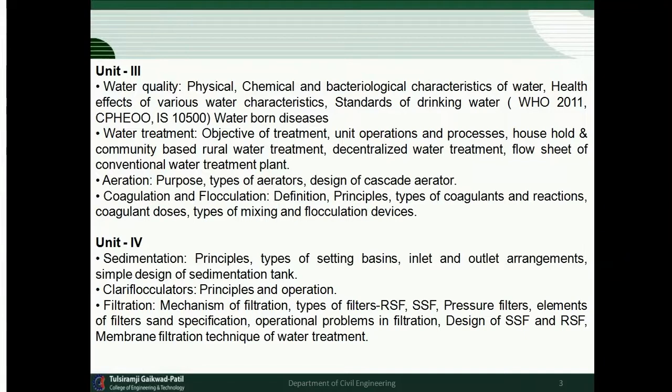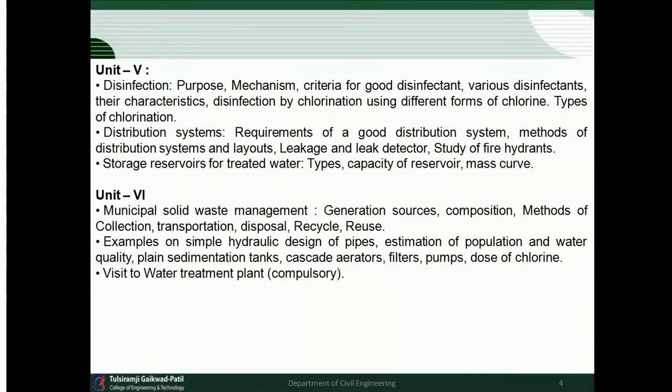Unit number 4 further gives us knowledge of another processes used in water treatment plant, which are sedimentation, clariflocculators, filtration process. Unit number 5 deals with the final stages of water treatment plant, that is disinfection units, distribution system and storage reservoirs. Unit number 6 gives us the knowledge of municipal solid waste management and different aspects related to it.